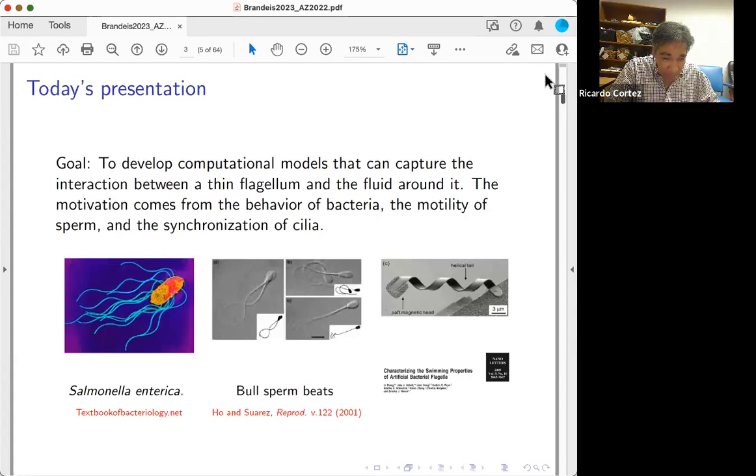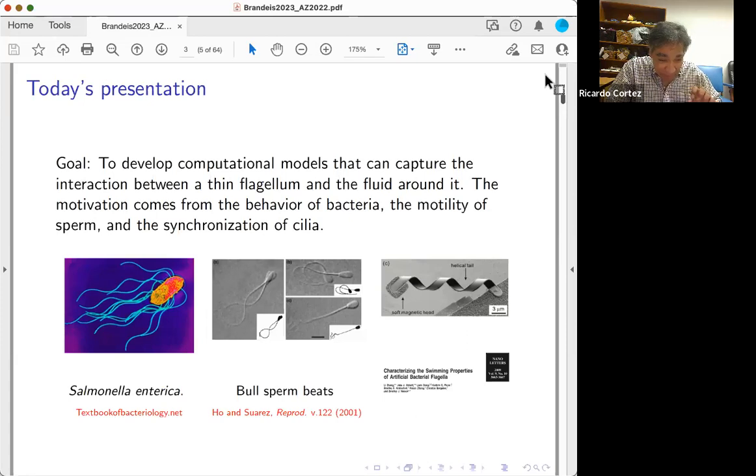Here are some photographs of things that we have in mind. So on the left is a bacterium with a lot of flagella coming off different parts of the cell body. And in the middle, there are some photographs of bull sperm in this case.